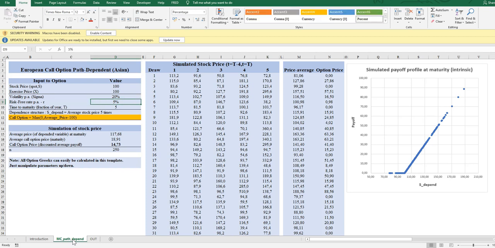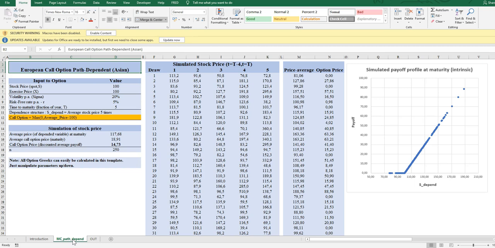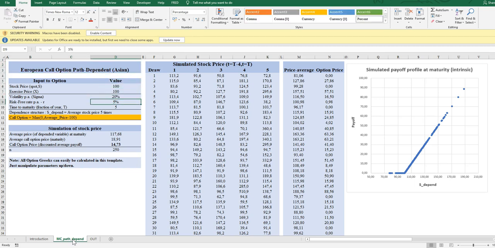So in order to avoid arbitrage between the two products, the straight up call option or the outright call option here and the replicating portfolio, we need the call option to have a discount rate of 5%.